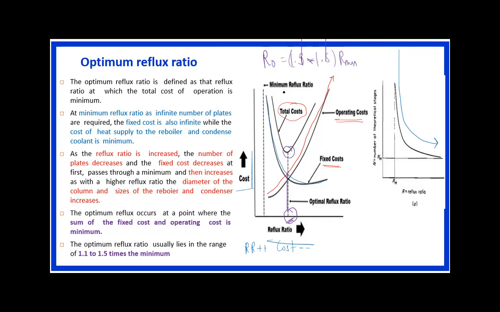So if the minimum reflux ratio is some number, then we multiply it by 1.25, the average of 1.1 and 1.5, and we get the optimum reflux ratio. We must think of the operating conditions, the diameter of the column, the number of theoretical stages, the heat load of the condenser and reboiler, and only then can we select an optimum reflux ratio for designing a distillation column. So this is the importance of the optimum reflux ratio, minimum reflux ratio, and total reflux ratio.